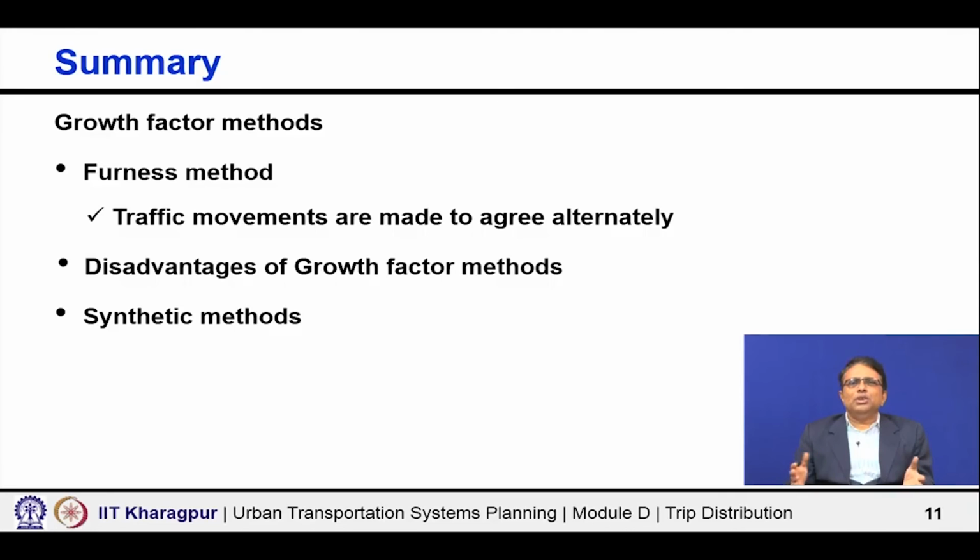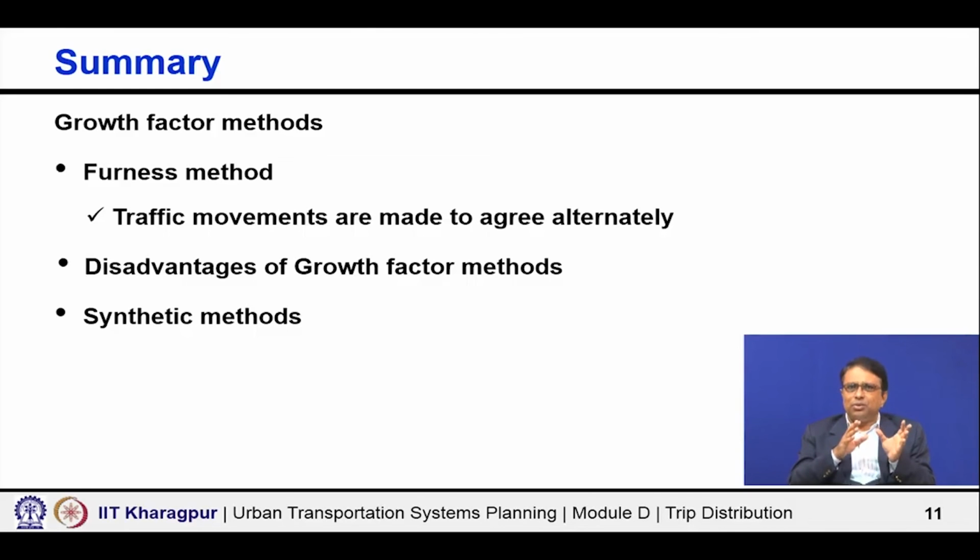So, at the end of the day the only target is whether I match my target row totals and column totals reasonably. Once you match the row totals and the column totals, we think that we have done our job. But why people travel, what is the impact, that brings some kind of limitations.